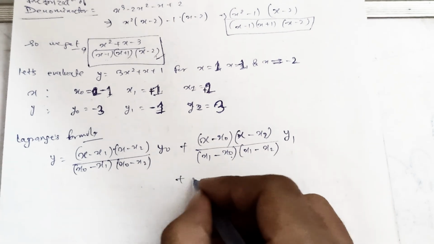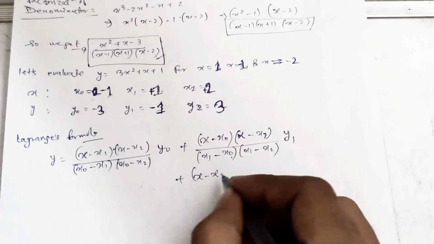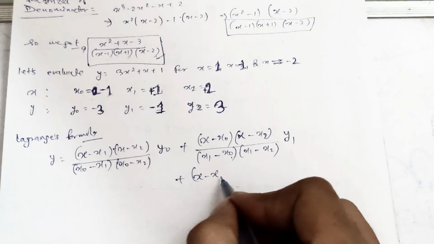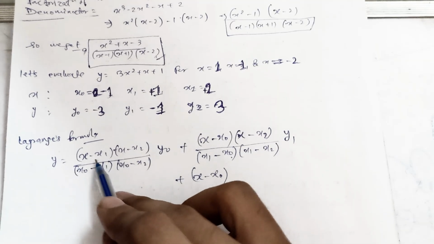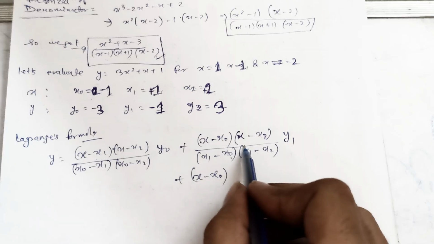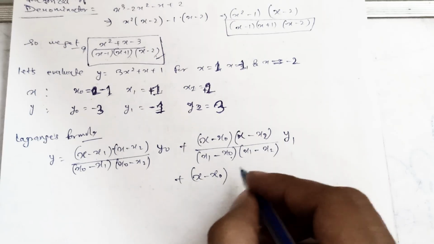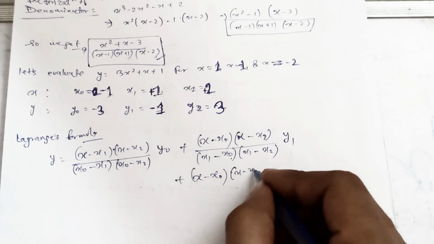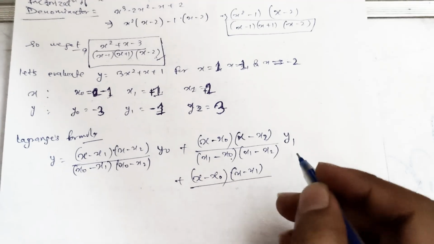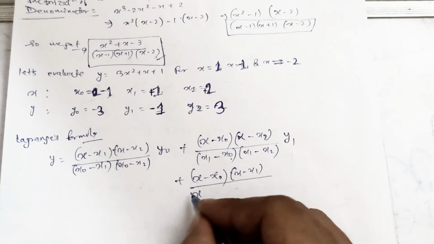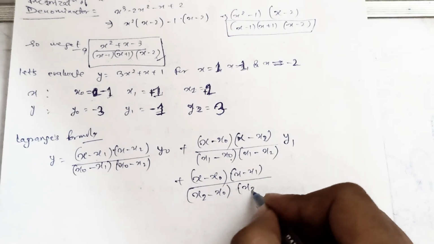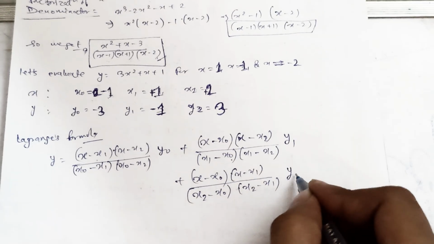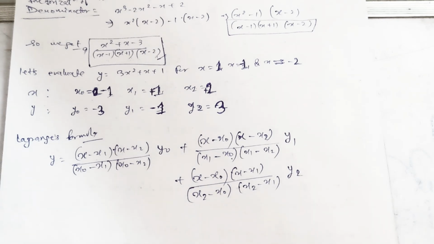The next term is (x − x naught)(x − x1), since we have neglected x2, divided by (x2 − x naught)(x2 − x1), and we multiply it with y2. So we get up to here.